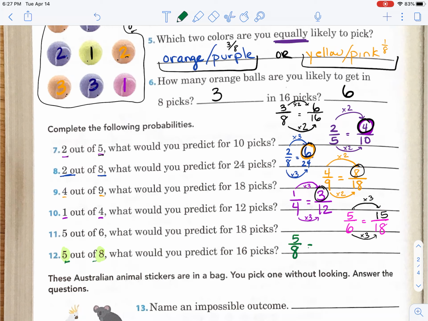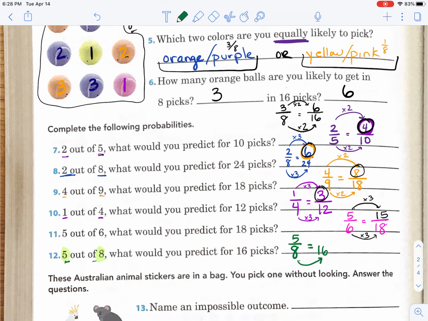What would you predict for 16? So if I have 5 out of 8, 5 out of 8 gummy bears in the bag were red. But I'm going to let you pick 16 gummy bears. How many do you think will be red? What's the probability? Well, let's set it up.